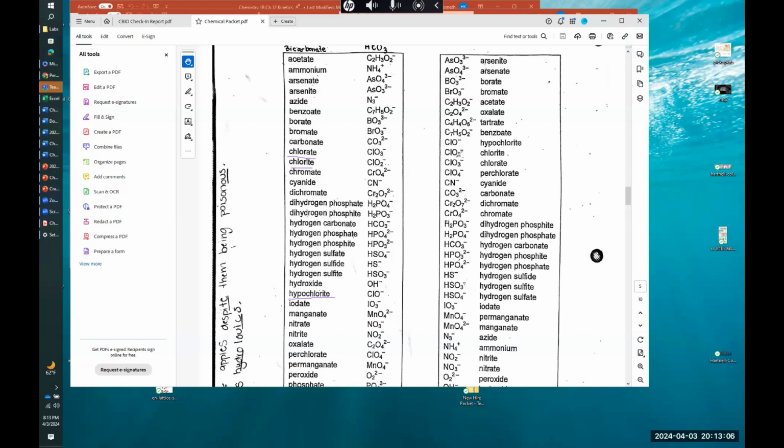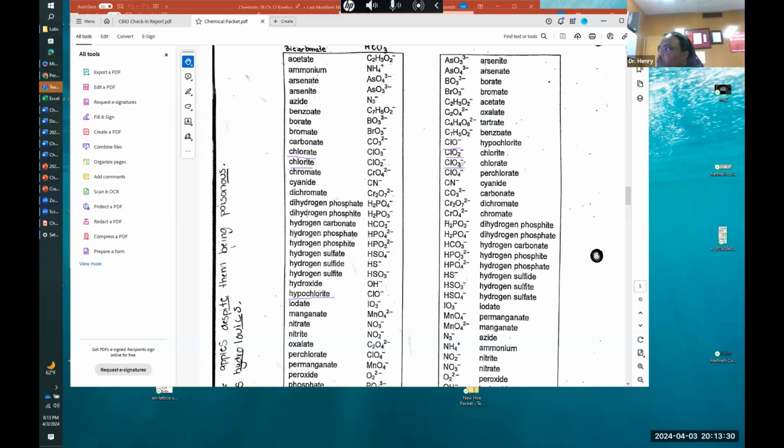That's right, there's less oxygen in hypochlorite. Hypochlorite has one less than chlorite. Hypo means under, so basically it says under chlorite. That means we have one oxygen less than the chlorite. Chlorite is one oxygen less than the chlorate.